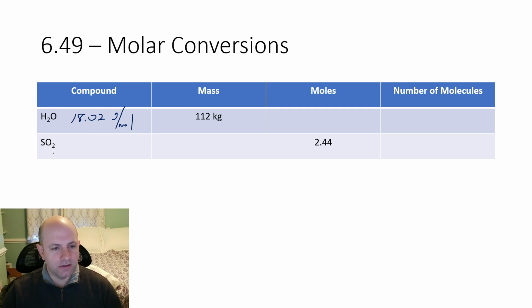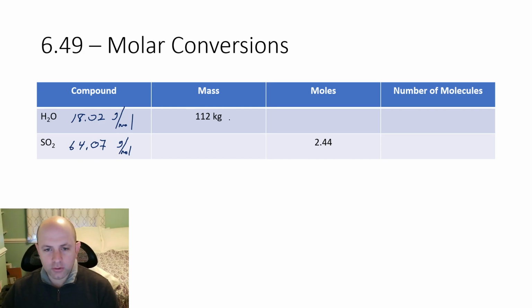For sulfur dioxide, sulfur is 32.07, each oxygen 16, and when we add that all up, 64.07 grams per mole. So we've got those two numbers for when we need them.